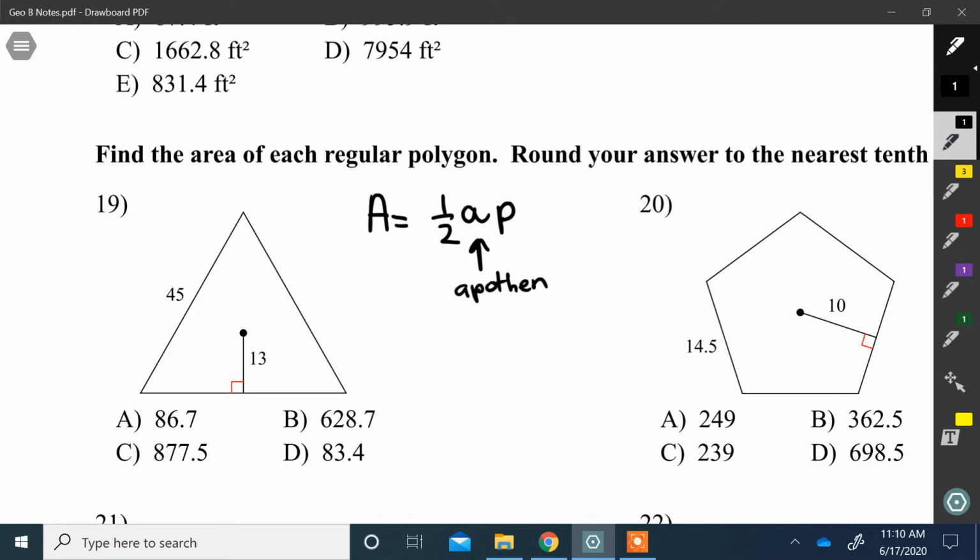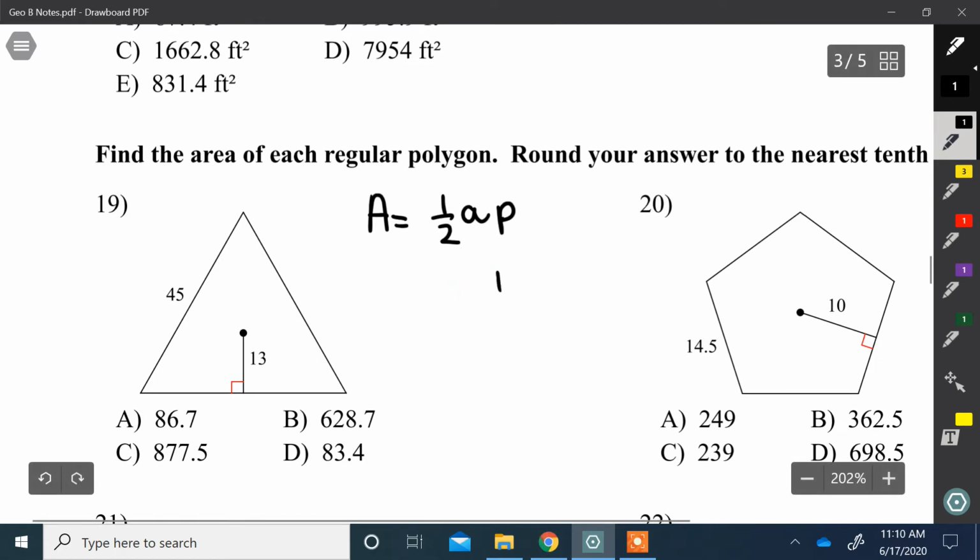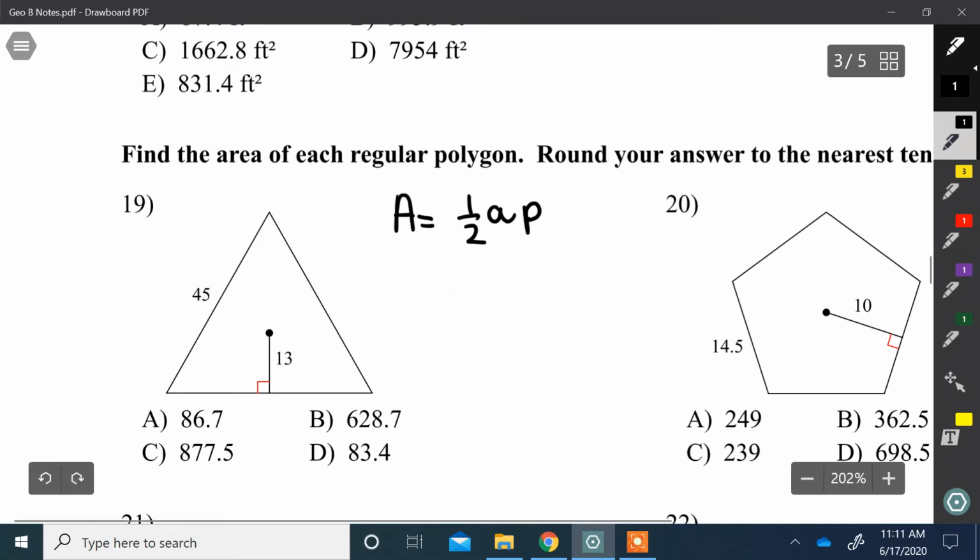Probably like, what are you talking about, Mr. Ordonez? The apothem, okay, if you have a regular polygon, and I know I'm skipping a lot of stuff because we can't go over this in so much detail.